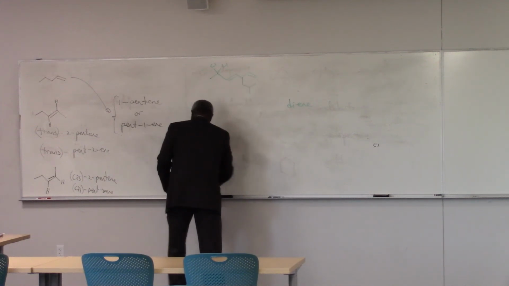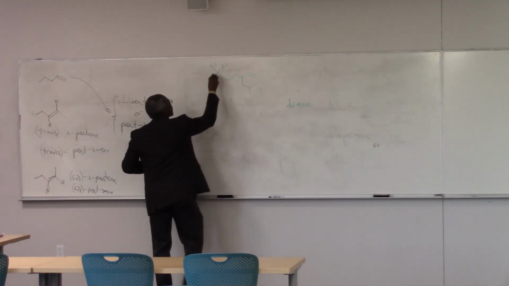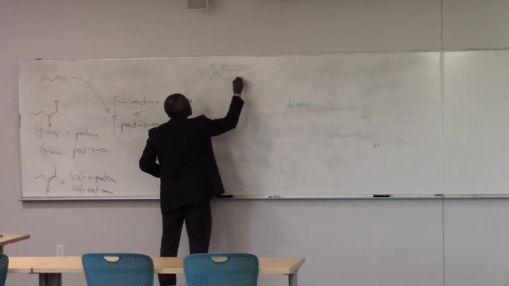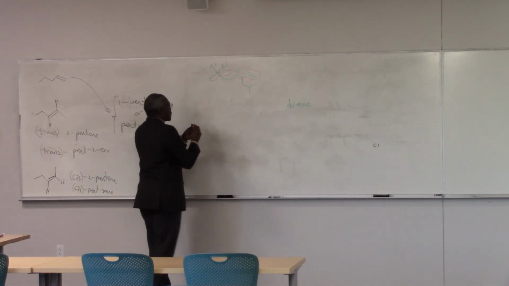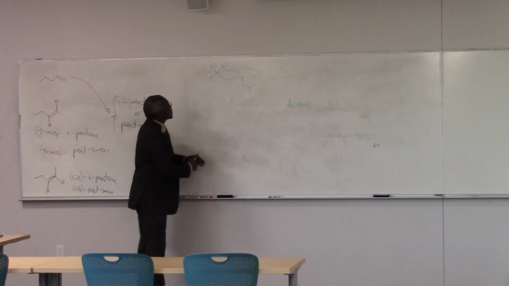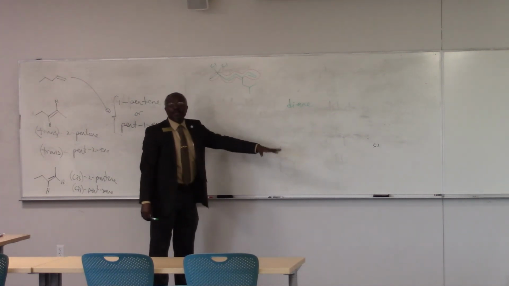So I'm going to pick that as my longest carbon chain that contains my major functional groups. In which case, the 2 chlorines and this group are relegated to being substituents.